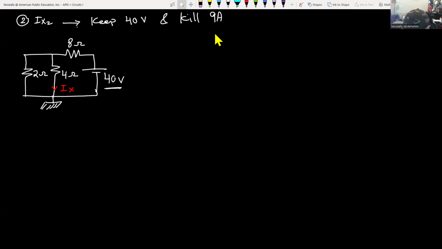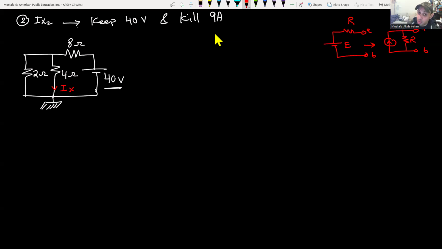So if you have a voltage source with a resistor R, you can convert it to a current source like that between the same terminals, A and B. This will be a current source, but the resistance will be in parallel between the same terminals.